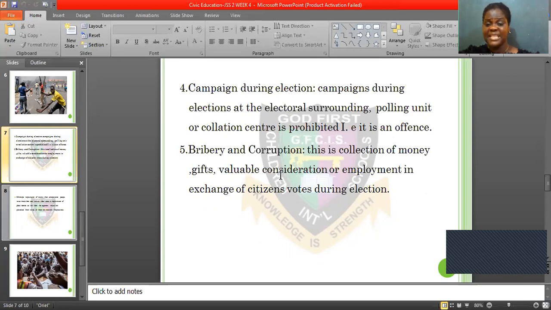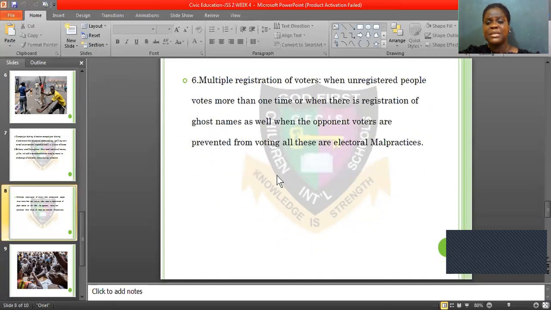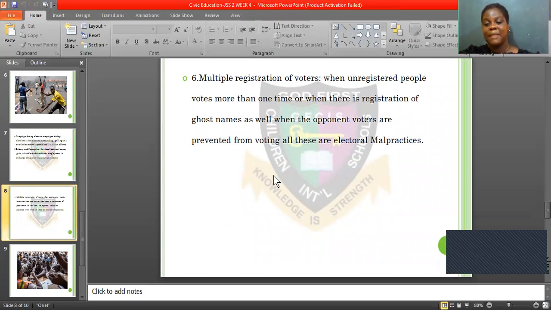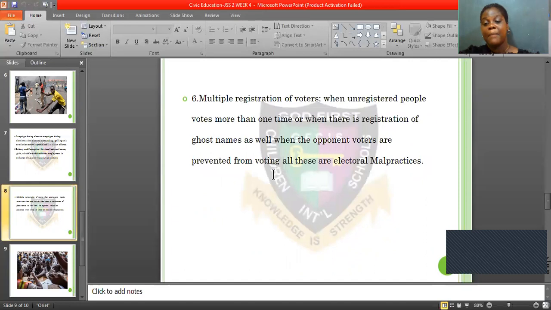Then the next one is the multiple registration of voters, whereby ghost voters will be registering so that they can use it to rig the election. All these are ways by which electoral malpractice can be done.